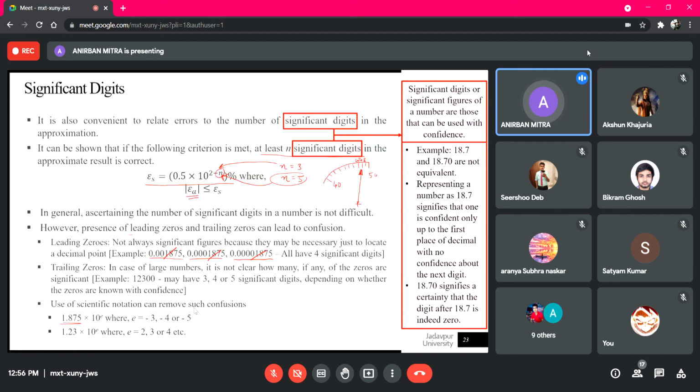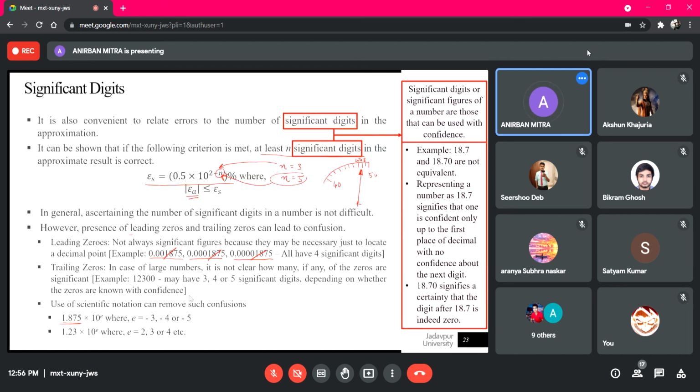So that is all about significant digits. Significant digits are usually important in order to decide what would be the pre-specified tolerance, the pre-specified error limit. If you have 5 significant digits, you have epsilon s as some value. But if you have 7 significant digits, then epsilon s would change.